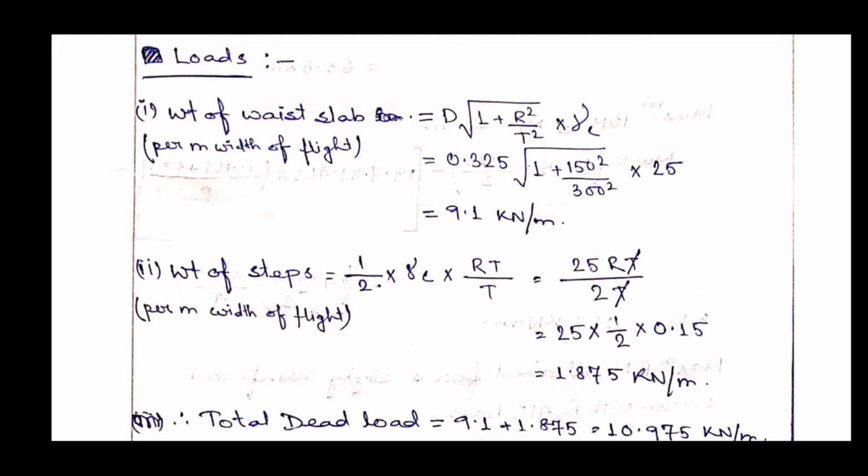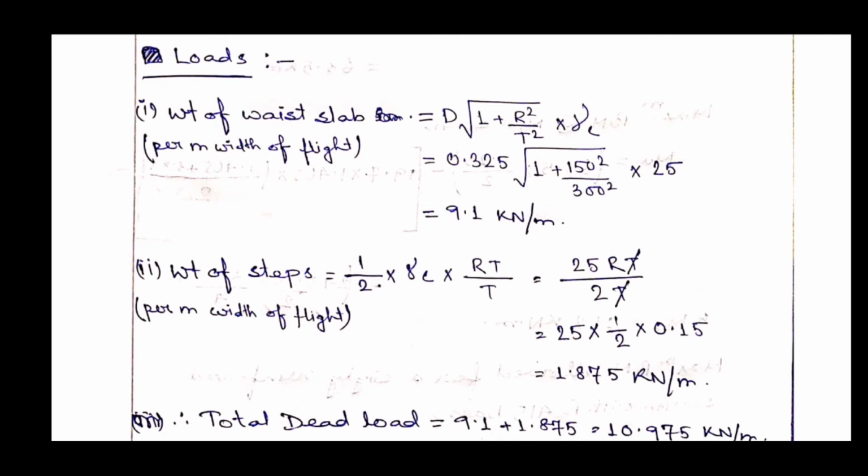So D is 0.325 root over 1 plus riser is 150, so 150 square, and by tread is 300, so 300 square, into 25, that is equal to 9.1 kilonewton per meter.